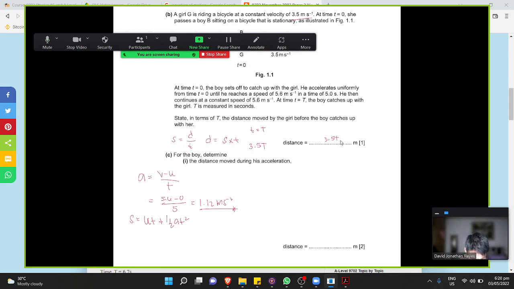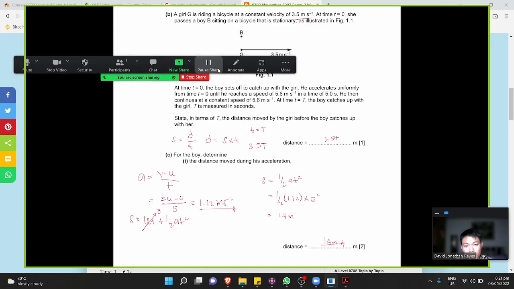Since the boy started at rest, most likely u will become 0. So now your equation is going to be just 1 half at squared. So that's 1 half times 1.12 multiplied by 5 squared. What would be the value? 14 meters. Okay, this is how you solve your kinematics equation.